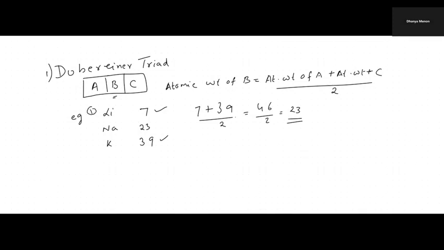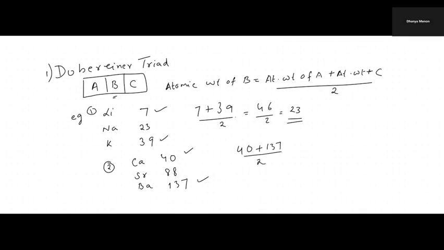We took another example: calcium, strontium, and barium, another triad. Calcium is 40, strontium is 88, and barium is 137. So calcium 40 plus barium 137, divided by 2.